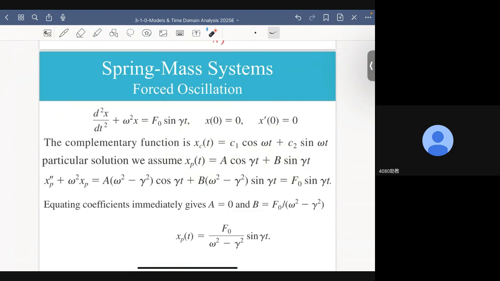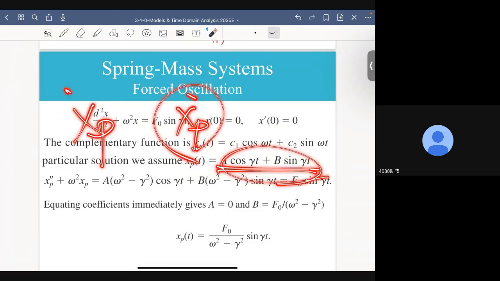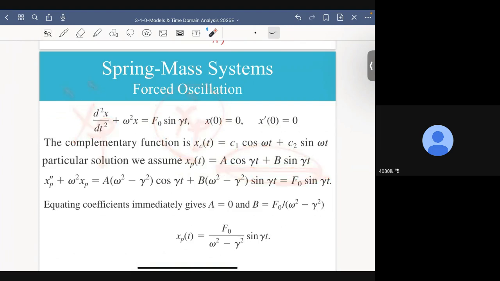How do I determine the values of A and B? Simple. First, obtain xp dot by taking the derivative of this representation. And then, based on the result, take another derivative, okay? And then substitute the resulting single and double derivatives of xp back into this differential equation. And this is what I will get. If the method of undetermined coefficients is correct, then this should be equal to this.